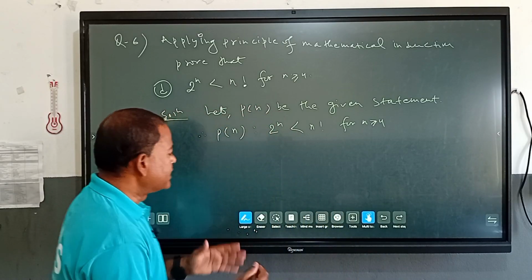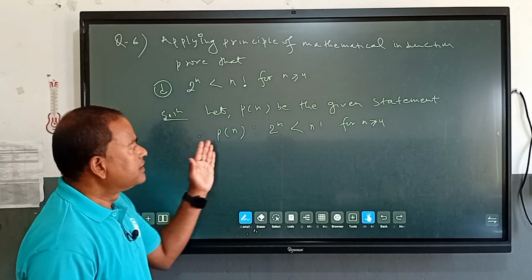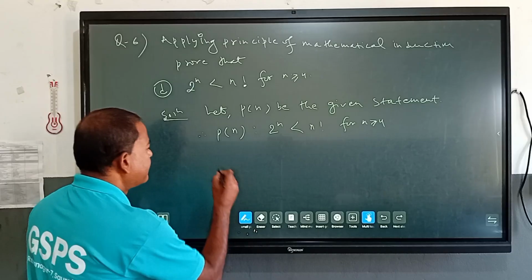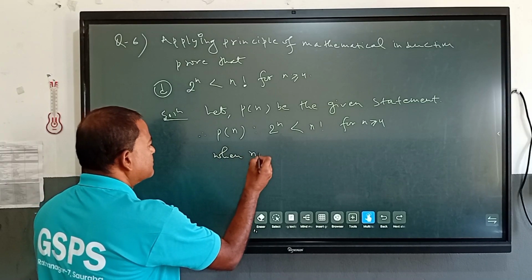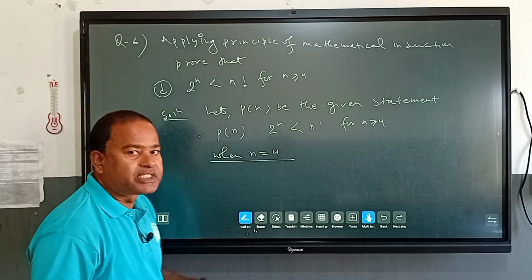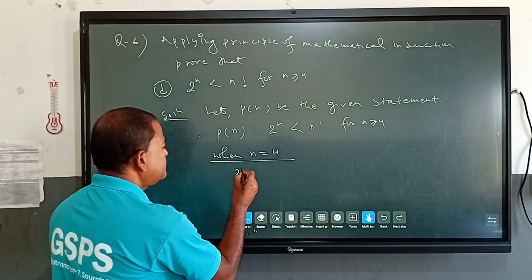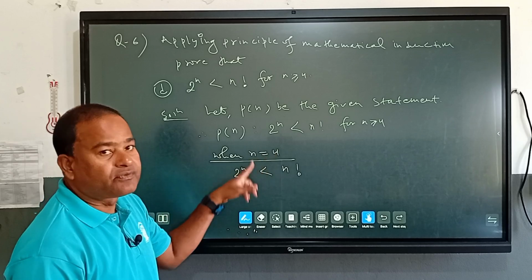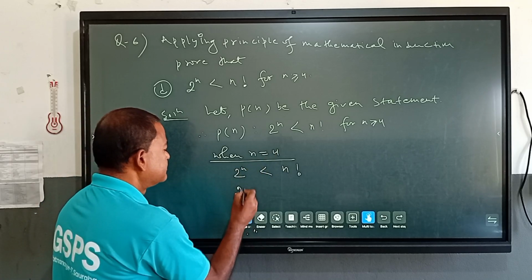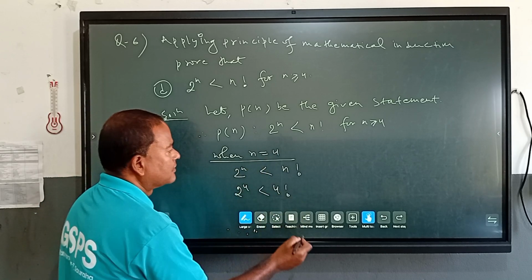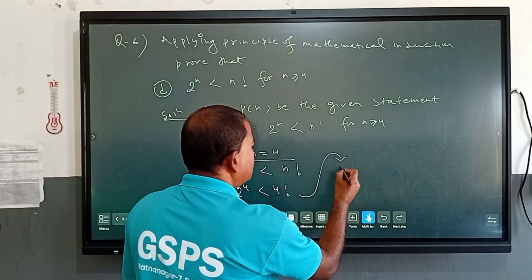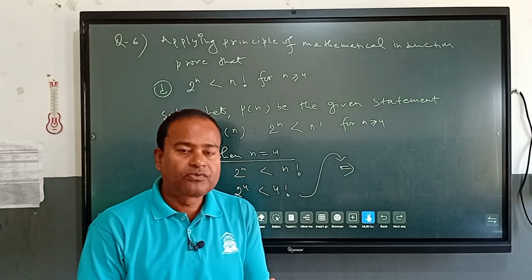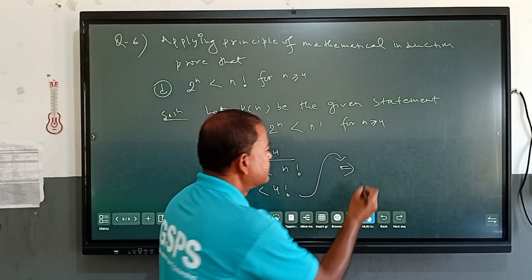Dear students, so let's show that this given statement is true for n equals 4. When n is equal to 4, let us put the value of n as 4 on both sides. This implies 2^4: 2 times 2 is 4, 4 times 2 is 8, 8 times 2 is 16.